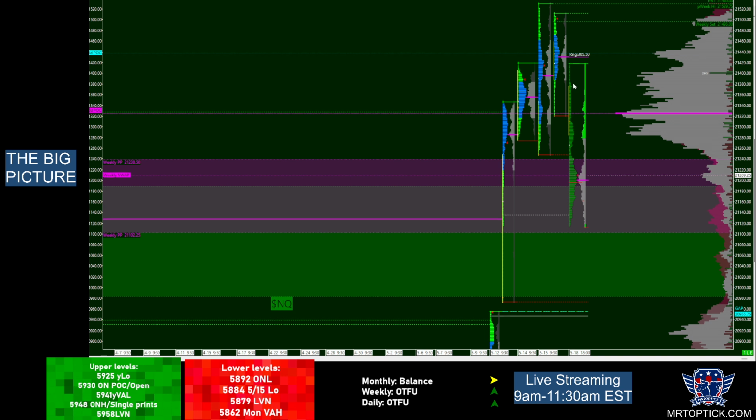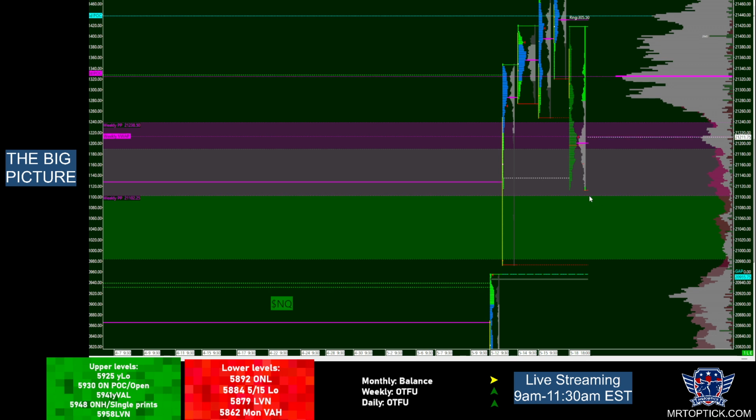From there, value area low from Friday is way above here. So that could be the area where we find sellers if we don't find them right there at the 20-day point of control. And then from here, if we take the overnight low, then we have the spike to fill and then the gap fill right there. So I don't think it's going to be an easy short there.